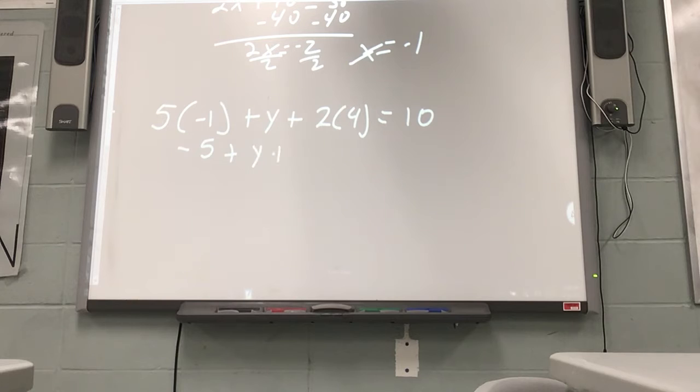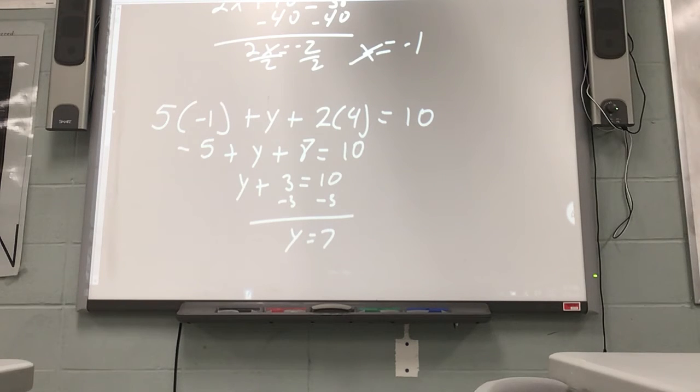We can get the -1 over it. Now you can combine your -5 and your 8. And then just subtract your 3. y equals 7.